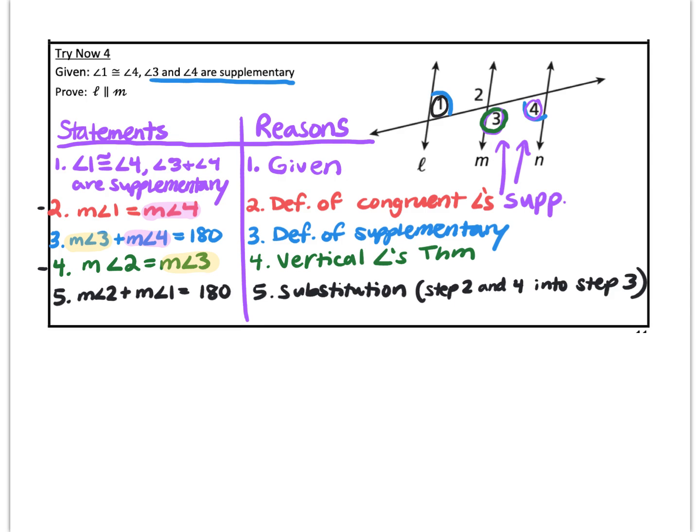Well, now let's look at angle 2 and angle 1. These two angles are same side interior angles. And we now have just shown that the same side interior angles are supplementary. So my next line of my proof is going to be angle 2 and angle 1 are supplementary.